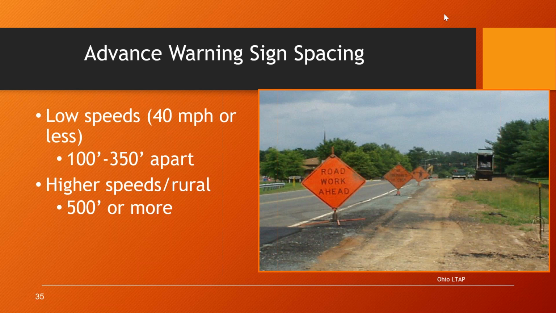Okay, so here's a good picture of the advanced warning area in a low speed situation. These signs are 100 feet apart because it's below 40 miles per hour. So at 35 or less, you can have them 100 feet apart. But in the high speed rural areas, your signs need to be 500 feet apart.